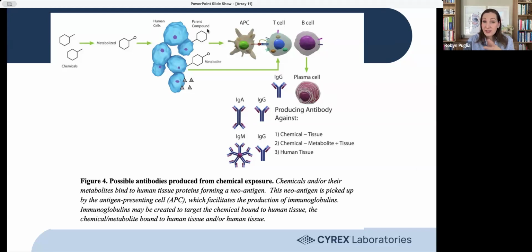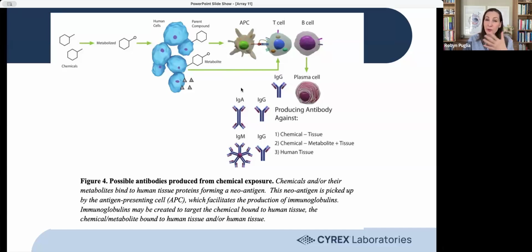This is the process through which we create autoantibodies in response to chemicals, where we see the chemical or the chemical metabolite bound to human tissue. This then creates this parent compound, this neoantigen of the hapten, the chemical, and the carrier adduct bound together. However, this is no longer recognizable as self.